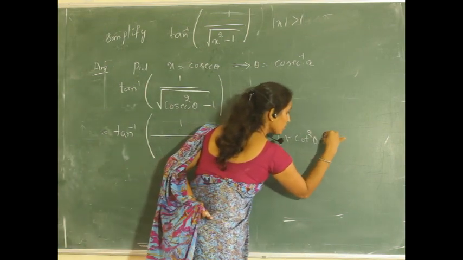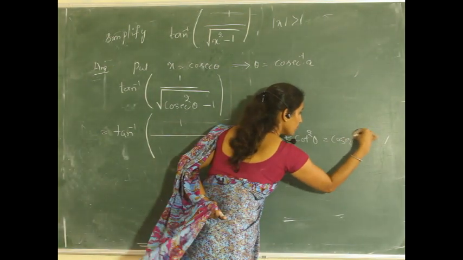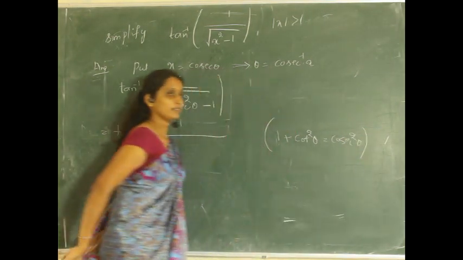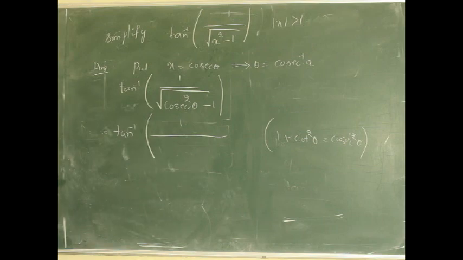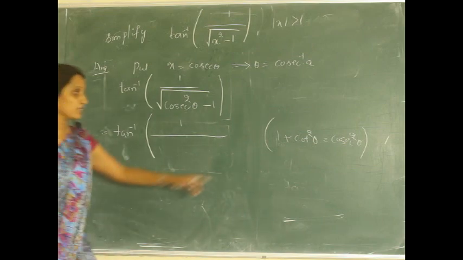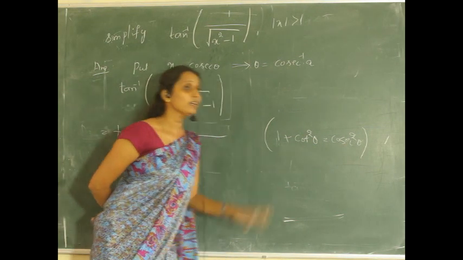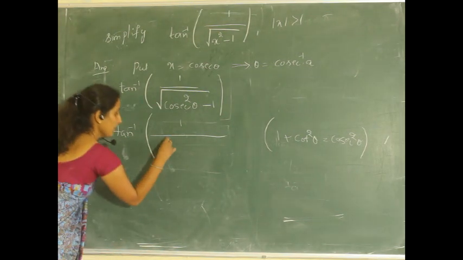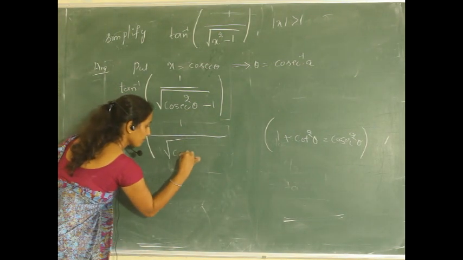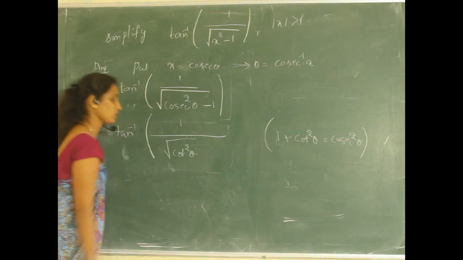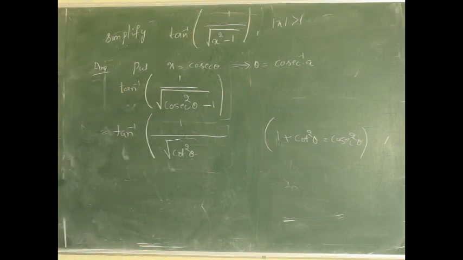We have the result: 1 plus cot square theta is equal to cosec square theta. So cosec square theta minus 1 will be cot square theta. So it is square root of cot square theta.